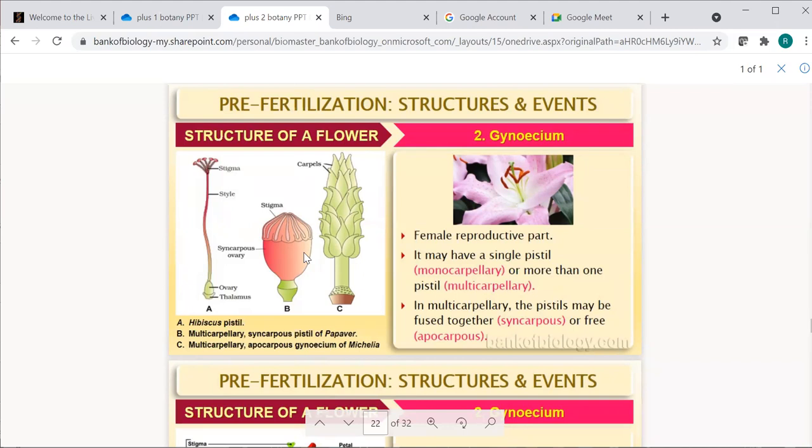If more than one are fused together, they are called syncarpous. When more than one pistil are fused together, an example is Papaver.